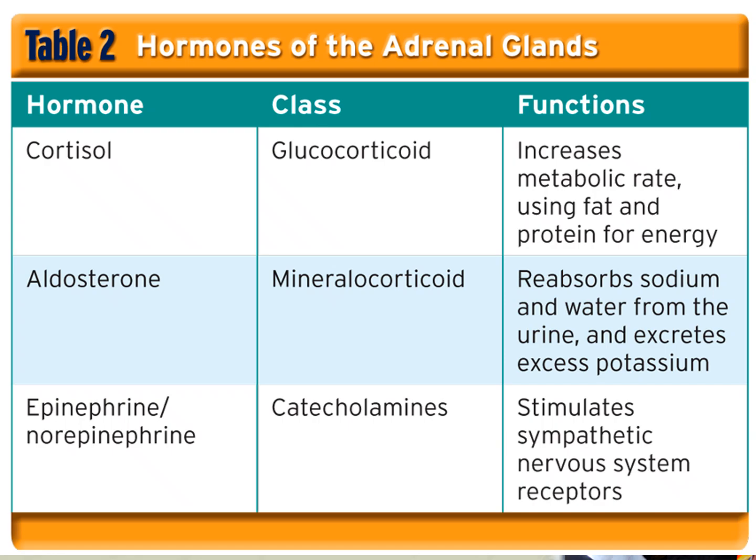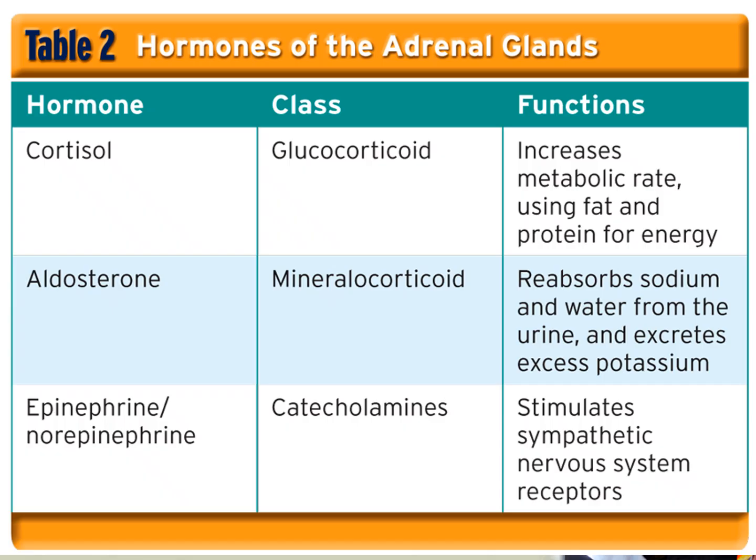Here are the different adrenal cortex hormones. So we have cortisol, a glucocorticoid, and that is going to increase your metabolic rate using fat and protein for energy. Aldosterone is the mineral corticoid, and that's going to reabsorb sodium.